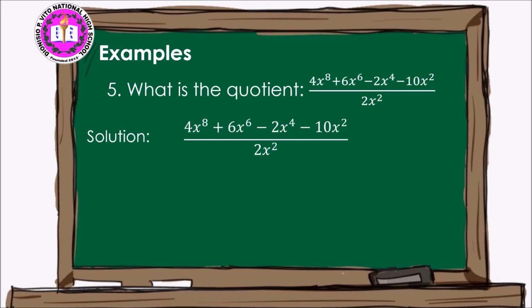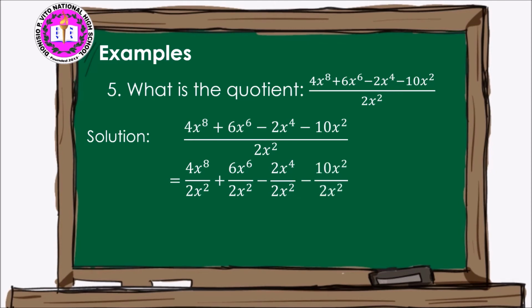So we have 4x raised to 8 plus 6x raised to 6 minus 2x raised to 4 minus 10x squared over 2x squared is equal to 4x raised to 8 over 2x squared plus 6x raised to 6 over 2x squared minus 2x raised to 4 over 2x squared minus 10x squared over 2x squared.